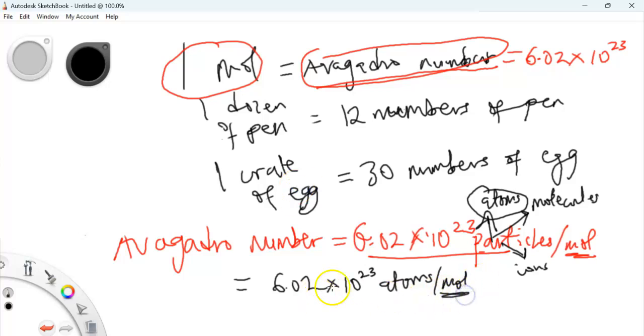What does it mean? In every mole, these are the number of atoms that is contained.